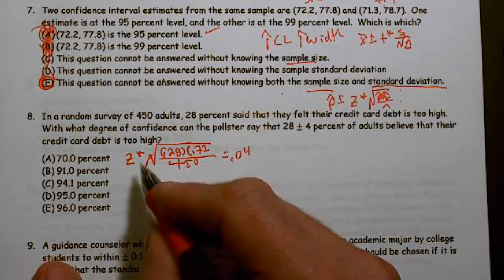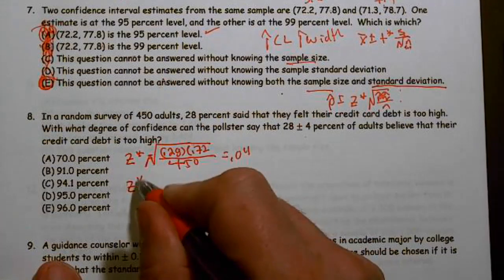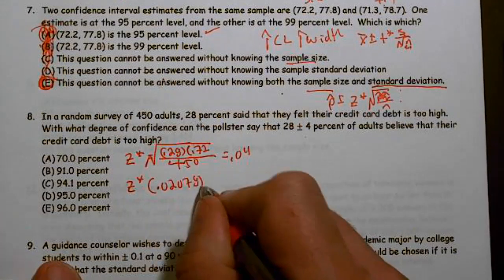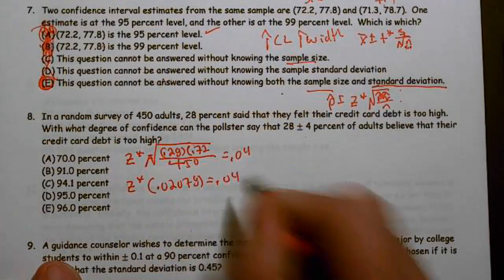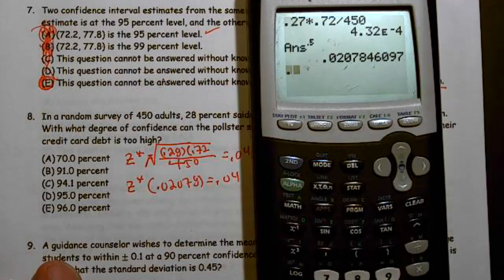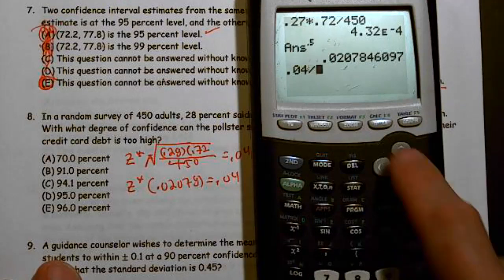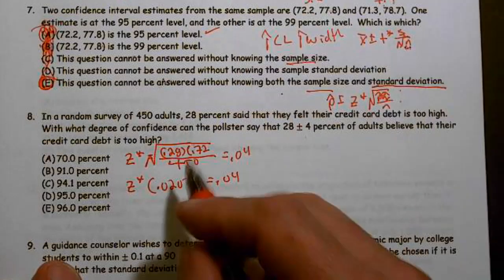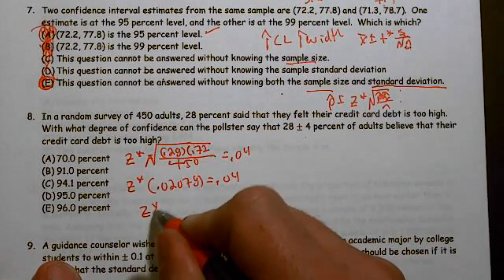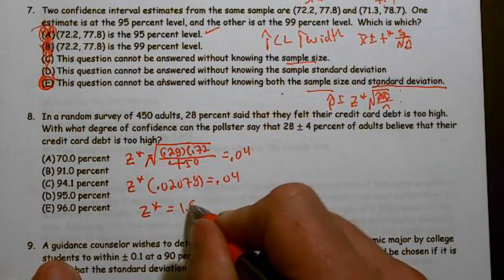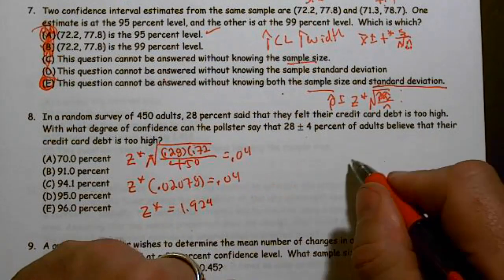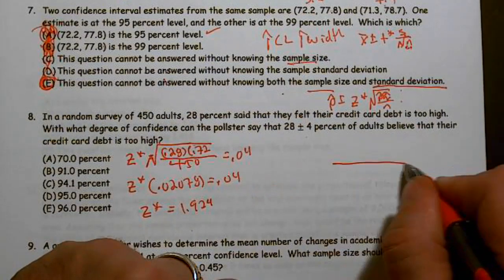So z star times 0.02078 equals 0.04. So I'm going to take 0.04 and divide it by what I have, and I get 1.92. So z star equals 1.924.